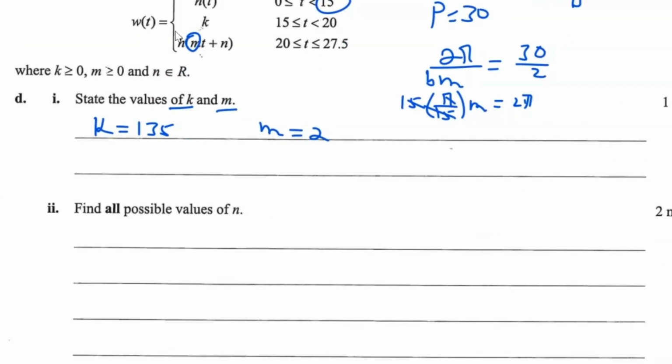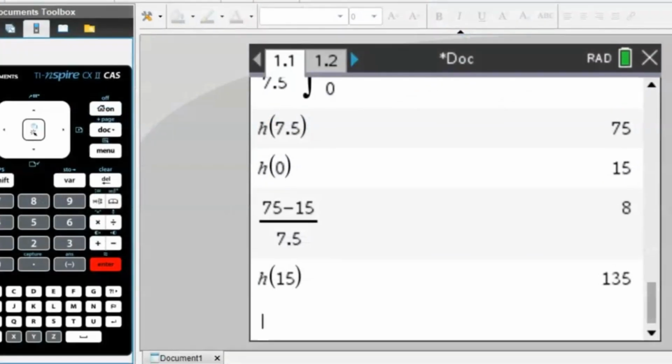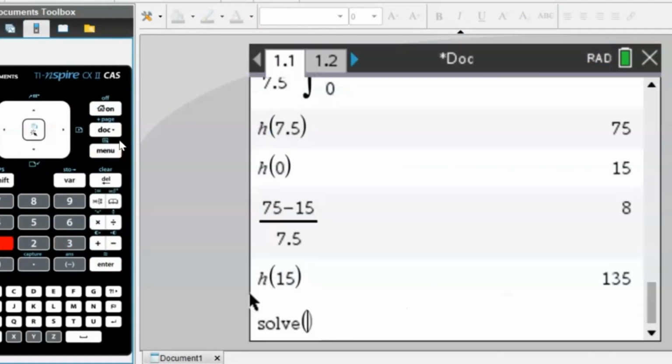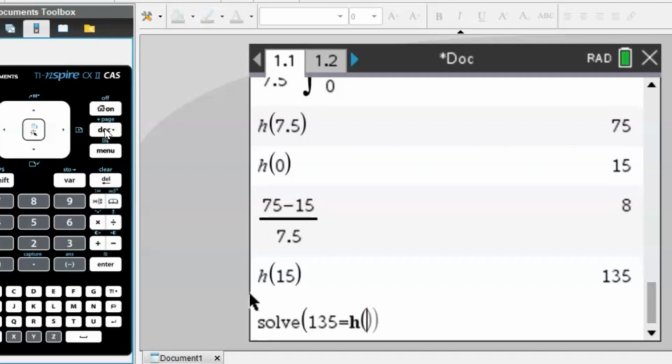Alright, the next one. Find all possible values of n. So now at this point here, they both have 20, so they must be the same. So m is 2, so we're just going to have to go back to the CAS and use solve. So 135 equals h of t, well, h of t was defined already, with m equals 2, then at 20 they are the same, plus n, comma n.